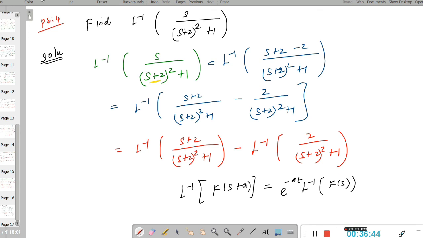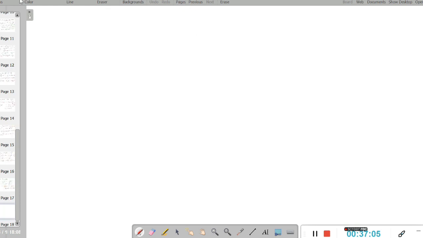So here, in the numerator as well as the denominator you have s plus 2. So if you apply this formula, that s plus 2 is going to be s. So instead of s plus 2 I am going to multiply e power minus 2t, which is equal to e power minus 2t L inverse of s by s square plus 1.